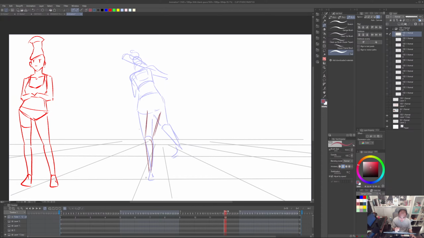And over here, I started drawing in feet just because I need to establish where the character is standing. I find it very, very difficult to match where the characters are if I don't do that.